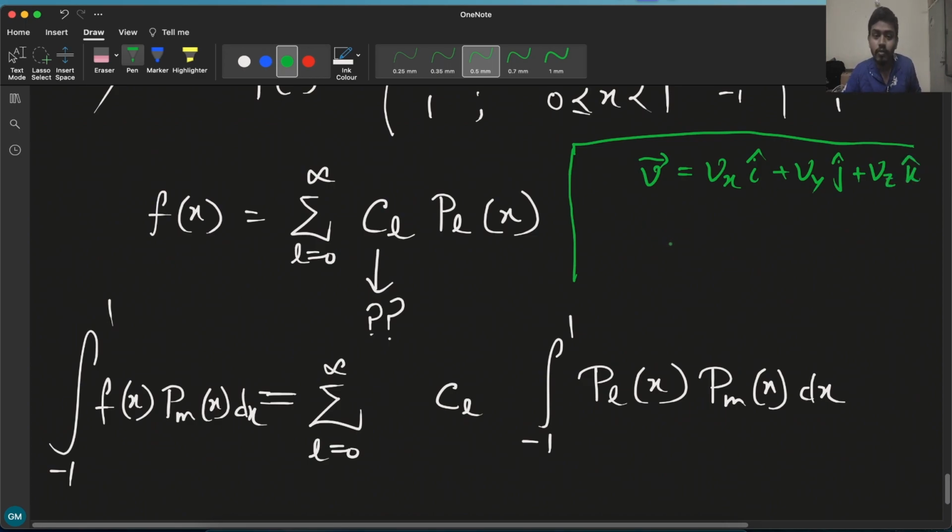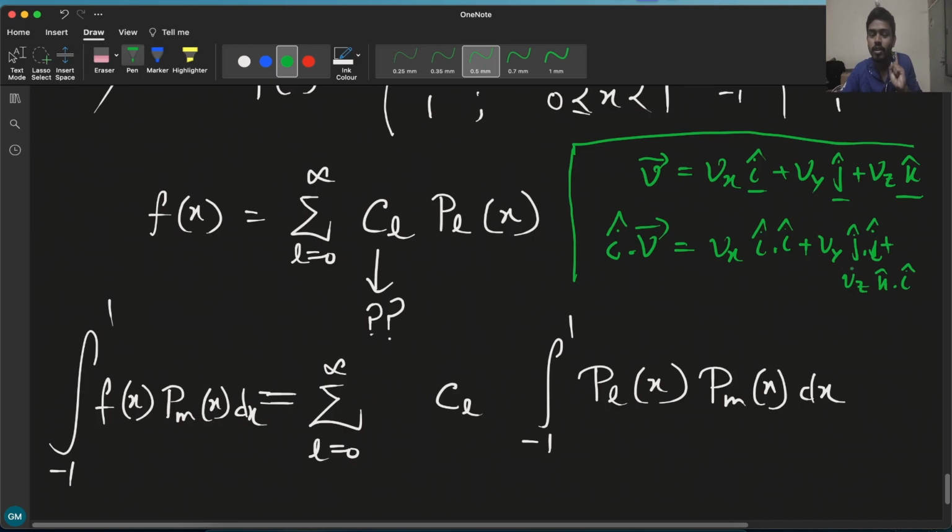If one wants to know how to get the x component, what do you do? Here i hat, j hat, k hat are the basis vectors, like these P_l(x)'s. If one wants the component along i hat, you take the dot product with i hat on both sides. In that case you get Vx i hat dot i hat plus Vy j hat dot i hat plus Vz k hat dot i hat.